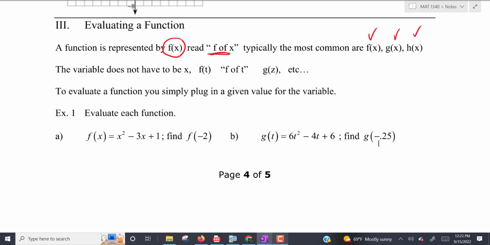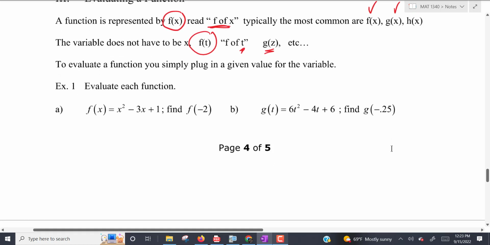Okay, and if you had like f of t, that would just mean that t is the variable, not x. You had g of z, that would mean z is the variable and so forth. So this is just notation, that's the language. So when we evaluate a function, like in this example 1 part A, you've got 2 things.